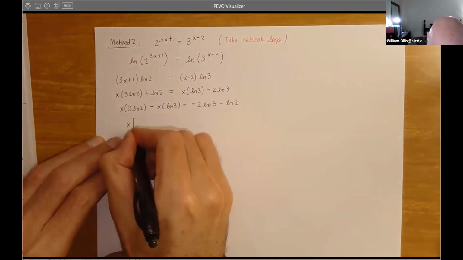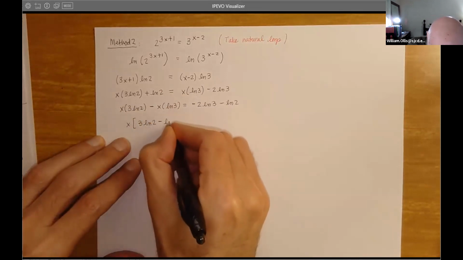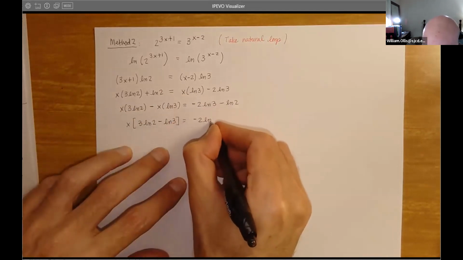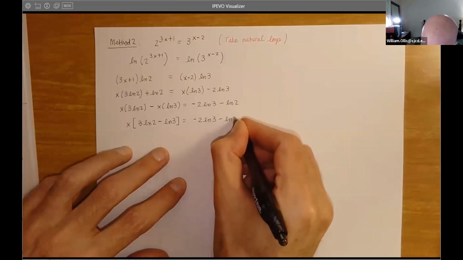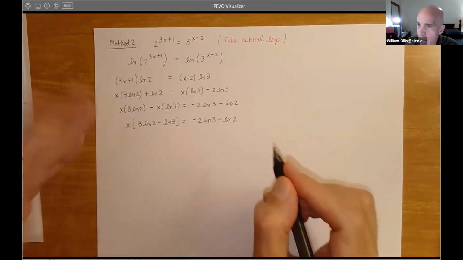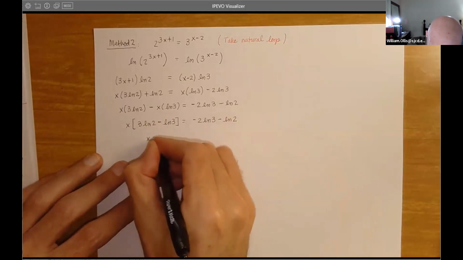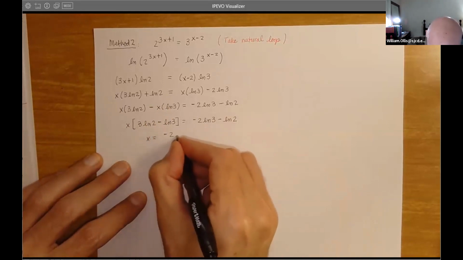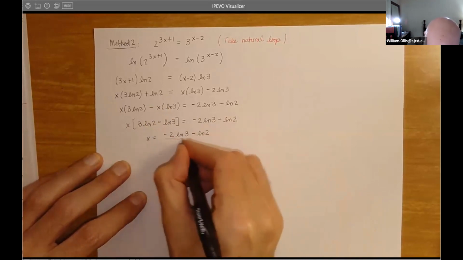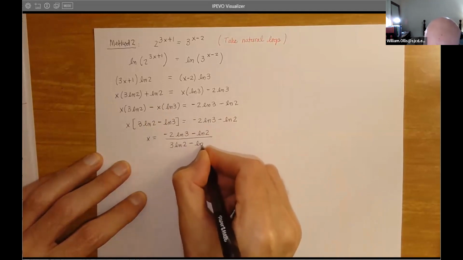So you see it's about the same number of steps: x(3 ln 2 minus ln 3) equals -2 ln 3 minus ln 2. The computation is not difficult. It's just a little bit longer because we just have more algebra, but it's not difficult algebra. Now divide: x equals (-2 ln 3 minus ln 2) divided by (3 ln 2 minus ln 3).